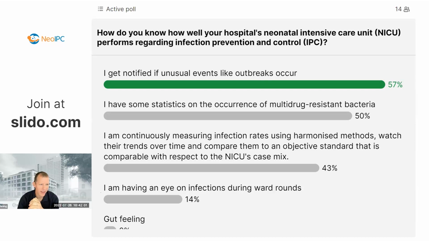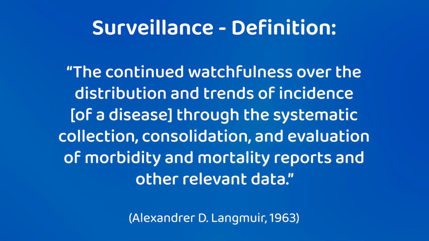And then the question: am I continuously measuring infection rates using harmonized methods, watching their trends over time and comparing them to an objective standard that is comparable with respect to the NICU's case mix? And this is obviously what I'm about. This is surveillance. Surveillance is about continuously measuring infection rates using harmonized methods so that you can actually compare things.